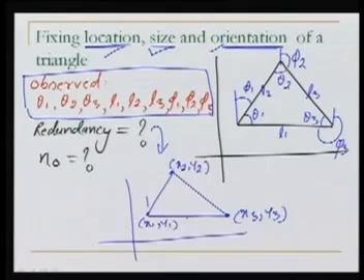So only by 6 observations. So we will say our n naught is equal to 6.